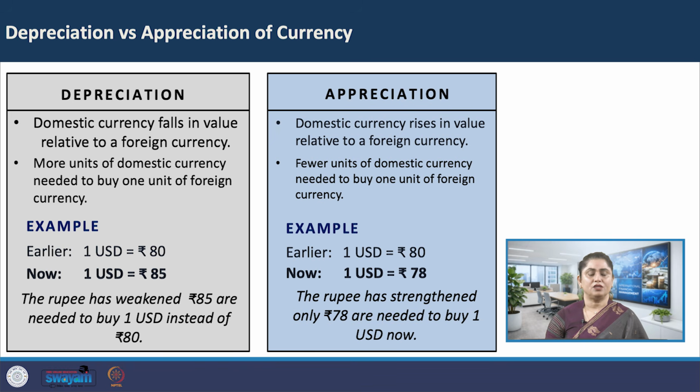Let's say the rupee has appreciated, and earlier the USD rate was 80 rupees. Now the USD rate is 78 rupees. That means the rupee has appreciated. You now need fewer rupees, that is 78 rupees instead of 80 rupees, to buy $1. The rupee has become stronger.